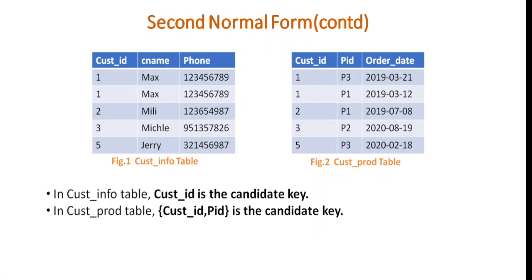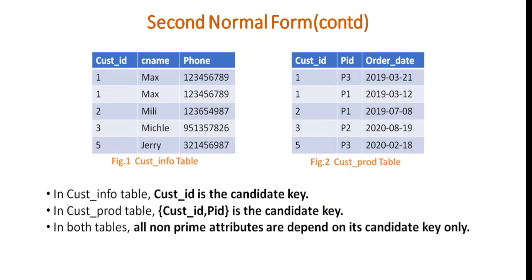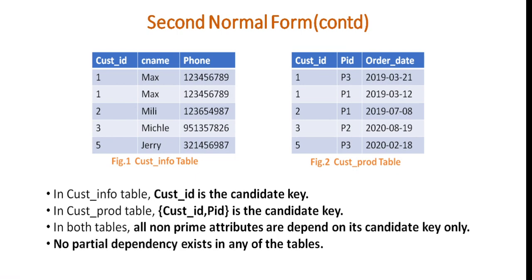That's why this second table is also in second normal form. In both tables, all non-prime attributes depend on the candidate key only, so there is no partial dependency. This is how we can convert any relation into second normal form.